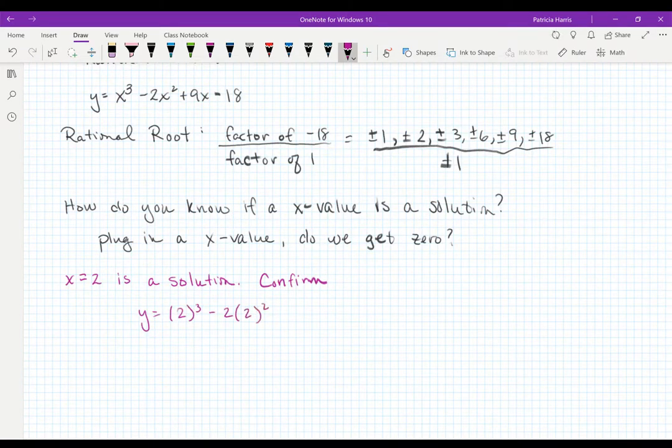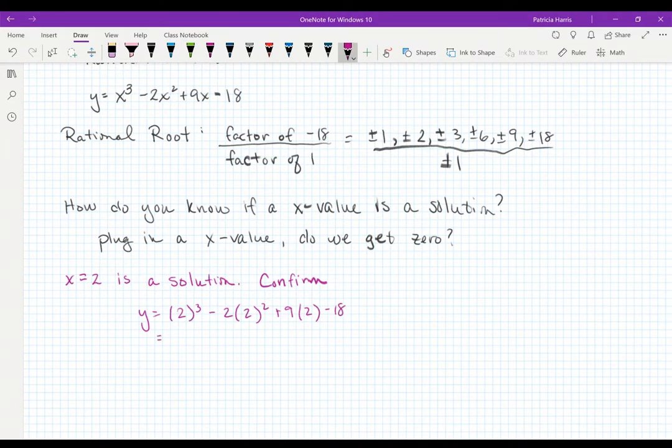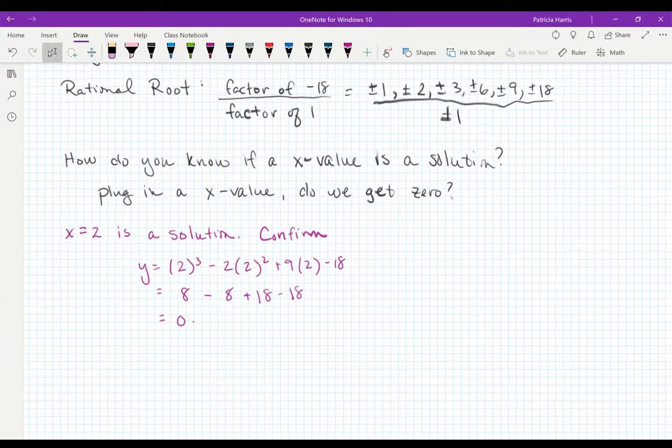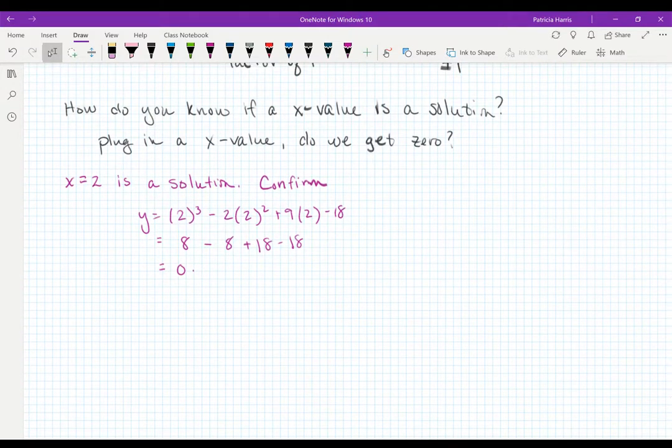All right, so what you're going to do is y is equal to 2 cubed minus 2 times 2 squared plus 9 times 2 minus 18. So that gives me 8 minus 8 plus 18 minus 18, which is in fact 0.